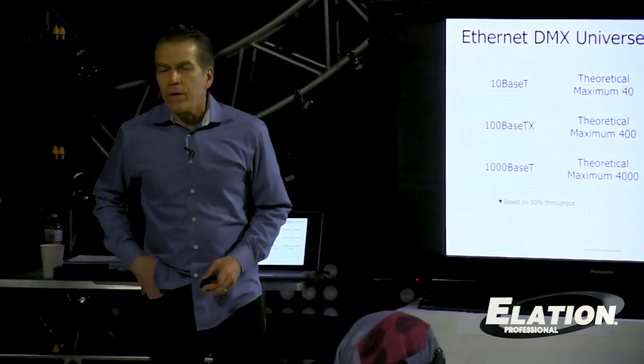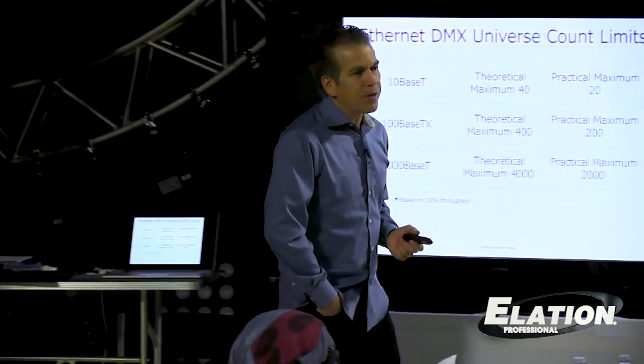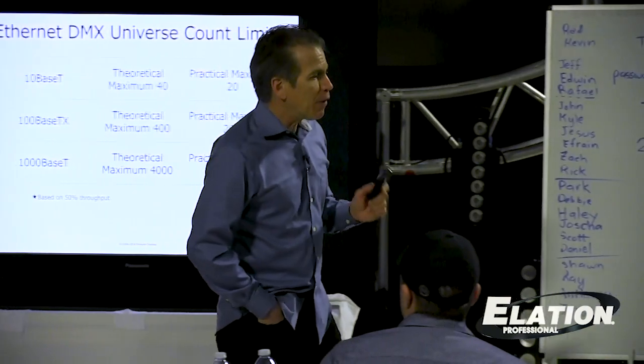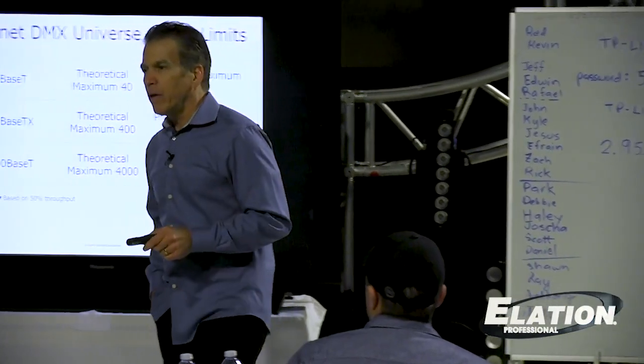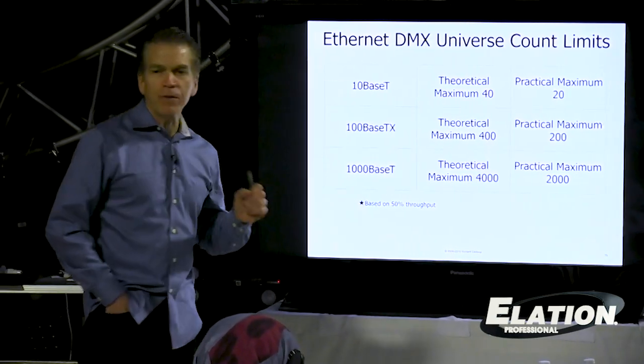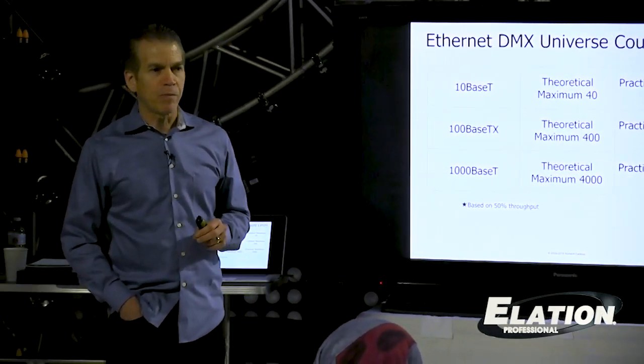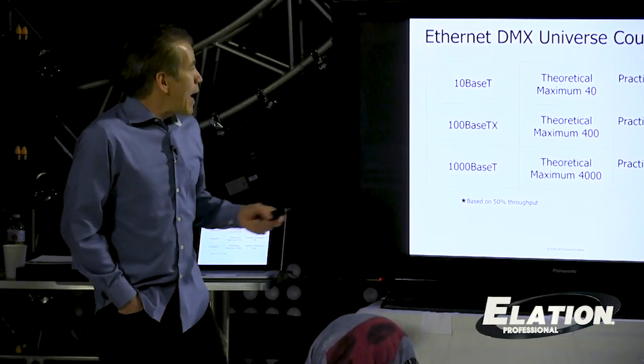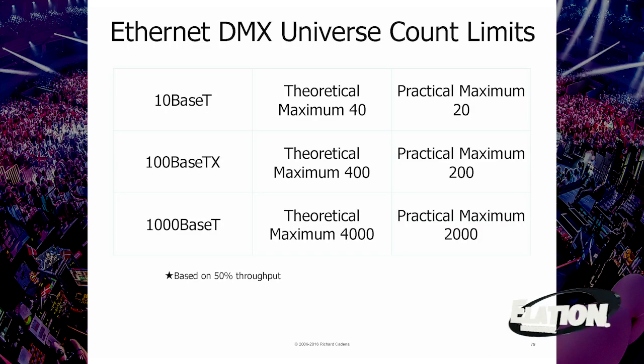Now, a good question to ask yourself is, how many universes of DMX can you transport using an Ethernet-based protocol on different types of Ethernet networks? So the way networks are designated is they're called by the speed of the network, the type of transmission, and the type of media.